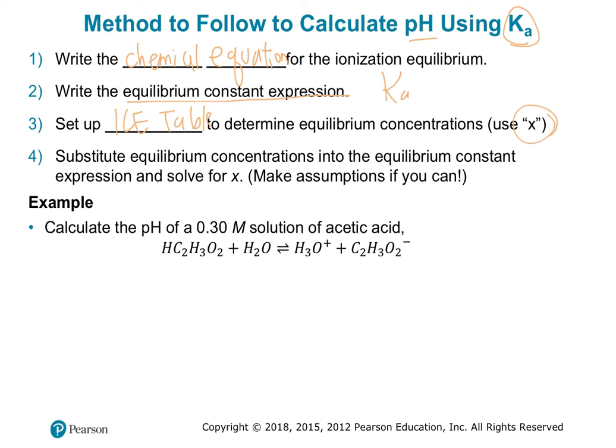So in this example, we're going to calculate the pH of a 0.3 molar solution of acetic acid. So the formula is already written out. So we're going to write the Ka expression for this, which is H3O plus, and then here's acetate, and then divided by acetic acid.